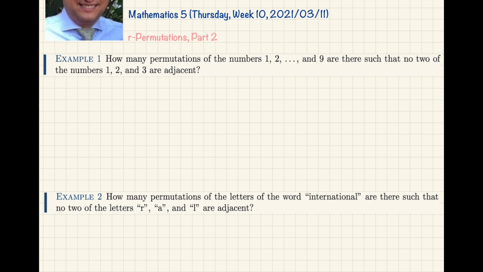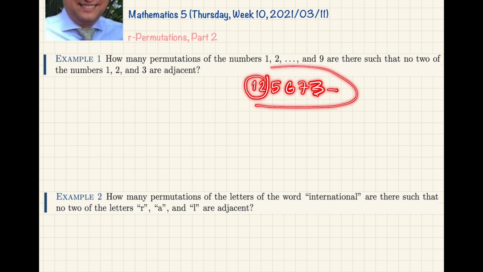So you don't want to consider a scenario like this: 6, 7 continues, and of course 3 is here. This is not acceptable for this problem, because even though 3 is not adjacent to 1 and 2, I am supposed to consider those cases where no two of these numbers are adjacent, so this is not desirable.